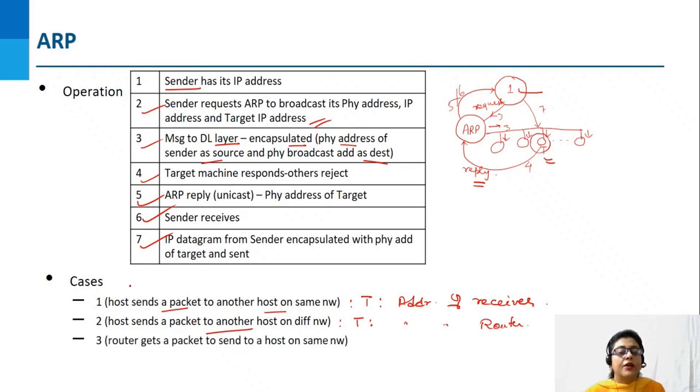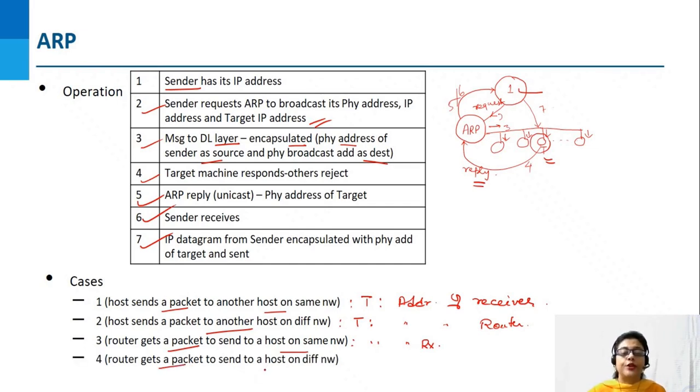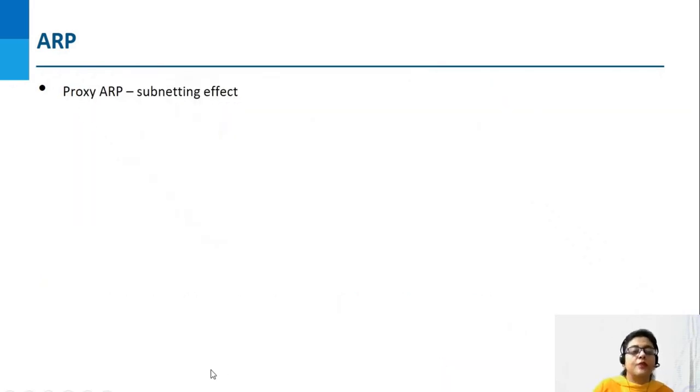Number 3, a router gets a packet to send to a host on the same network, then this will be the address of the receiver again. Number 4, the router gets a packet to send to a host on a different network, then it will be the address of the router.